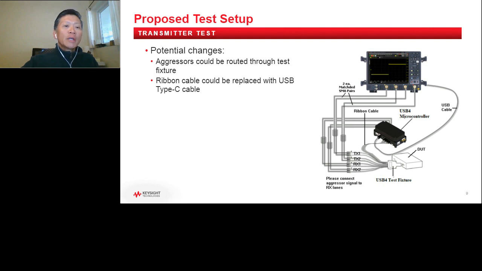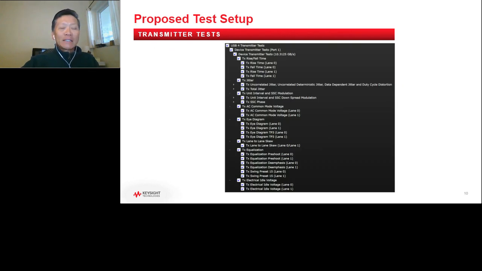In this screen, you see the proposed transmitter test for USB 4. Some of these should be very familiar to you. For example, rise and fall times are very common measurements that are required. But this test is not required for USB 3.2. In USB 4, you must perform rise and fall time specs.